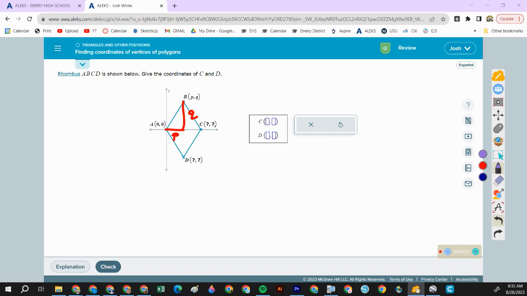So, what is this point? Not 0. It's P units to the right and Q units down. So it would be P comma negative Q. Okay, that's the easy one. What about this point?